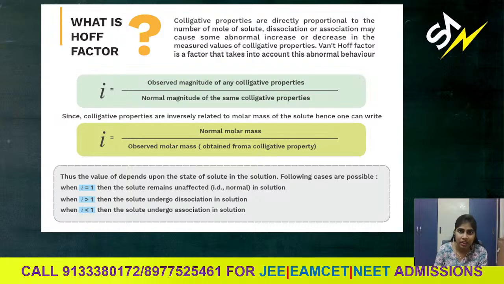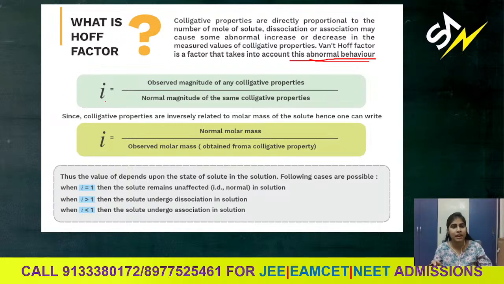What about this Van 't Hoff factor? This Van 't Hoff factor is a factor that takes into account this abnormal behavior. The abnormal increases or changes in these colligative properties are taken into account by this Van 't Hoff factor. So let us see what this Van 't Hoff factor is.